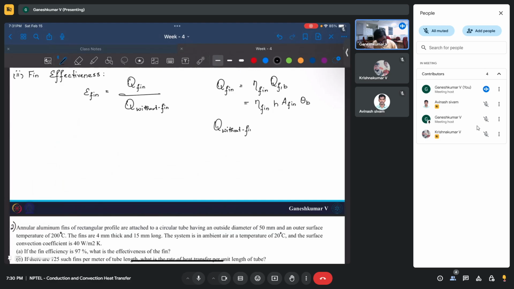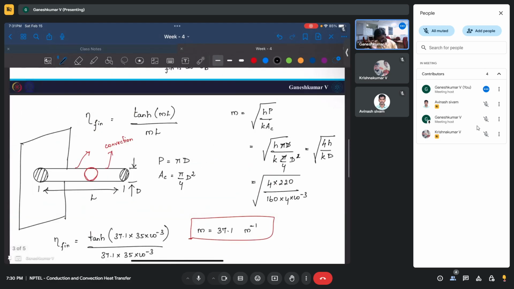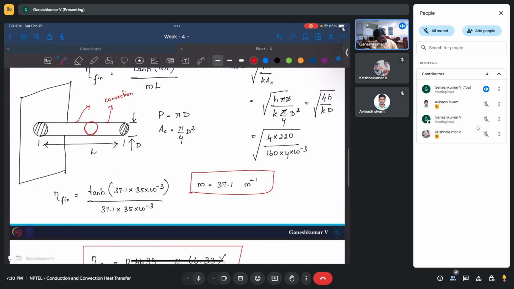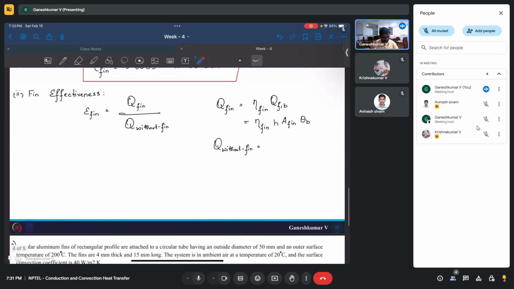Q without fin would be simply the surface area which has been exposed to convective conditions. If there is no fin, there is no fin, so you will have only this surface area.